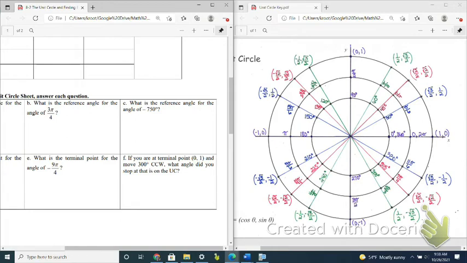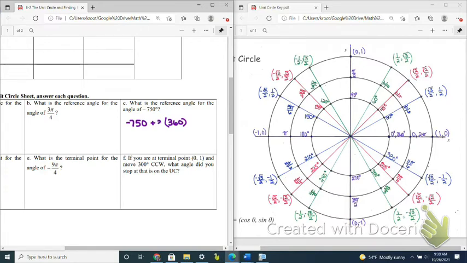You'll notice with C it says, what is the reference angle for an angle of negative 750? Well, if you look at my unit circle, I don't have any negative angles on there. So I am going to take negative 750 and keep adding multiples of 360 until I get to a positive angle that is between 0 and 360.